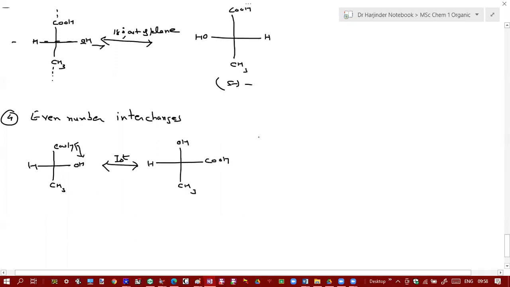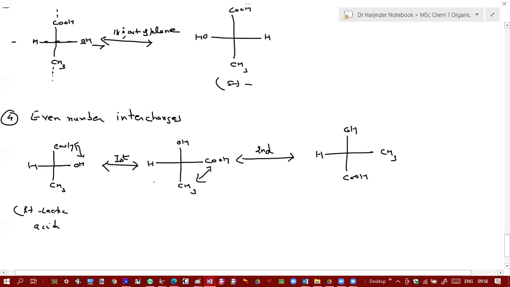And suppose I do a second interchange with this methyl and this carboxyl group. That is your second interchange. So the total number of interchanges is even. Now what is the resultant configuration? Here you are getting R lactic acid.